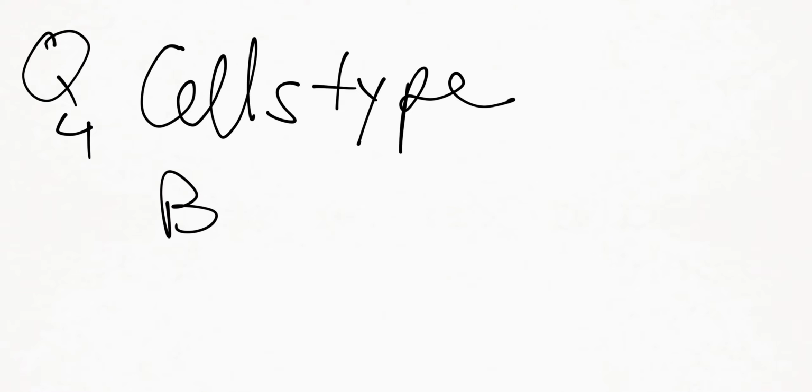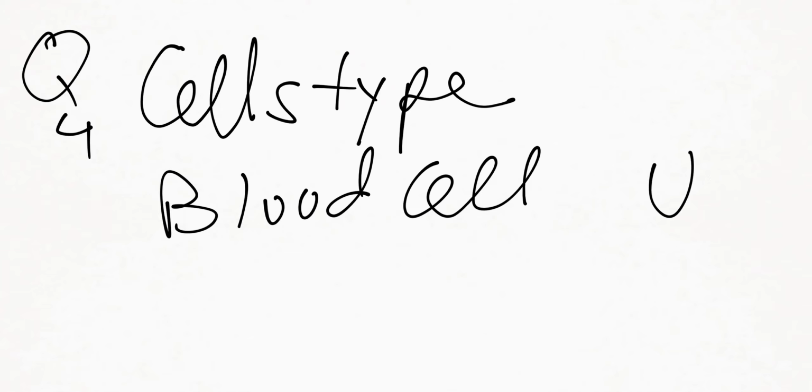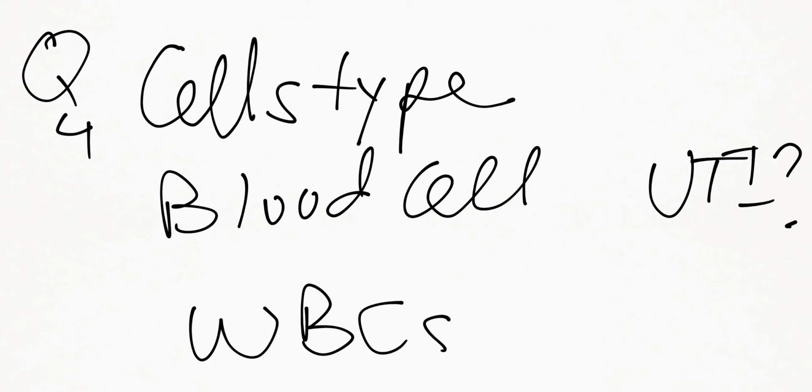We'll go to the next question. The next question is going to ask you what is the most common cell type of blood or blood component that will be dominating in UTI. And your answer here will be WBCs, right? The white blood cells will be dominating because there is an infection.